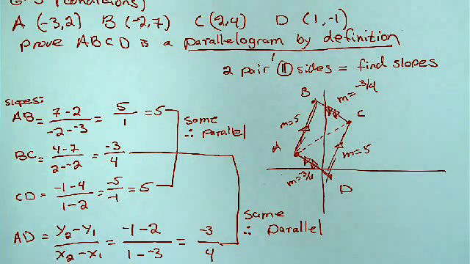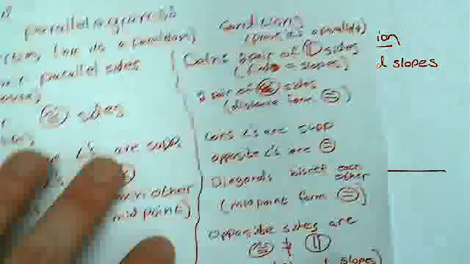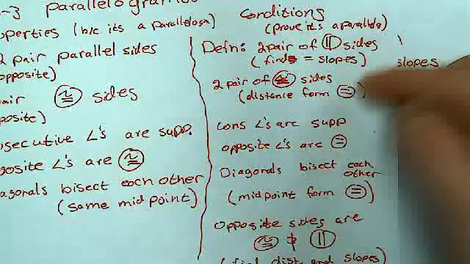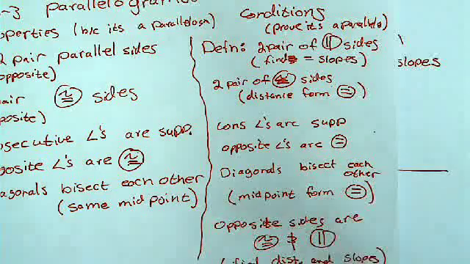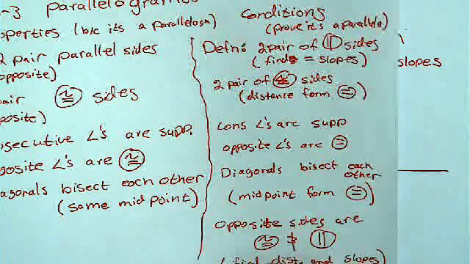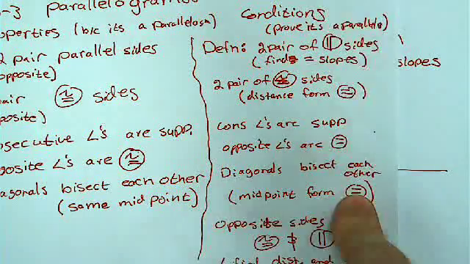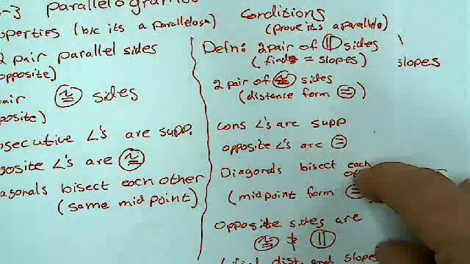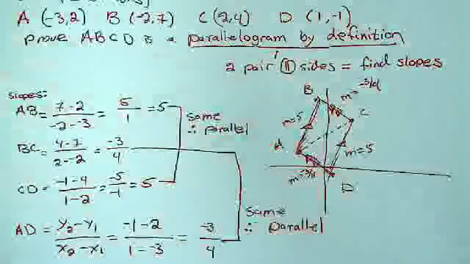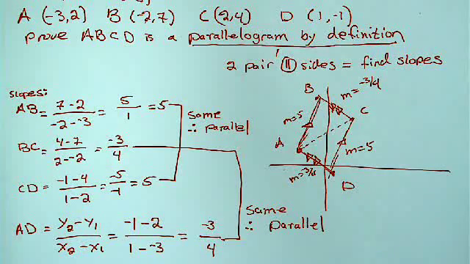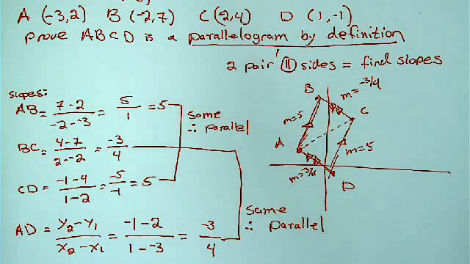If it doesn't say by definition, you can technically go after parallels, congruent, take one pair of sides, and just show that length, congruent, and parallel, or find the midpoints. All 4 of those are options if it doesn't say how to do it. But if it does say by definition, or if it says by showing that there is one pair of parallel congruent sides, then that's what you do.